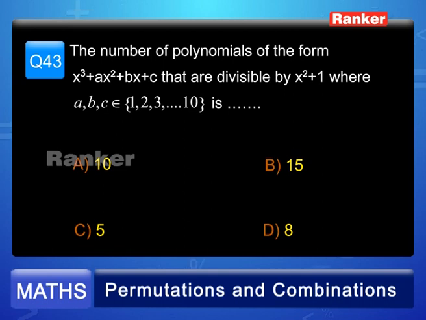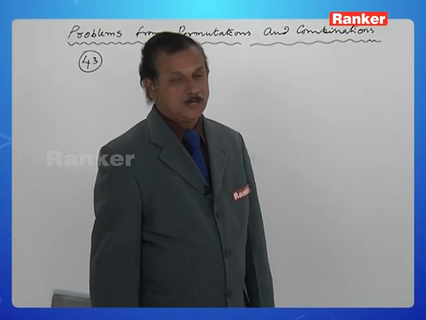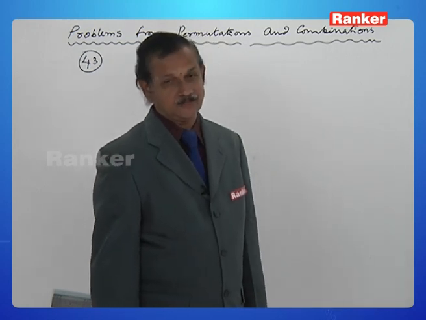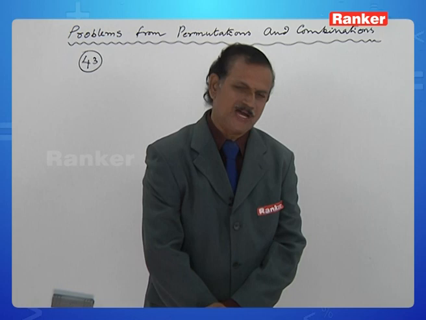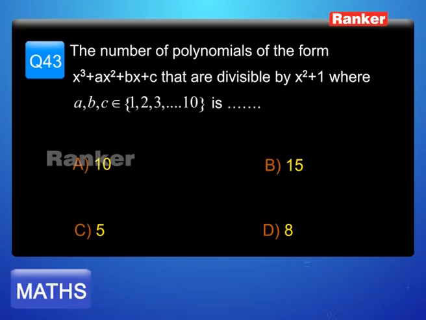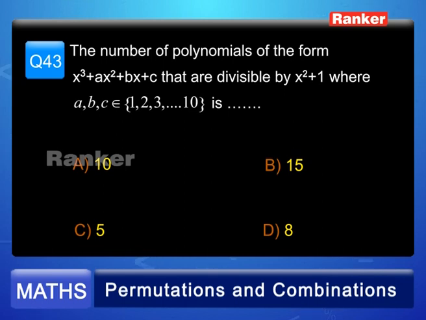A, b, c belong to the set containing 1, 2, 3, etc., 10. How many such polynomials will exist which are divisible by x square plus 1? We are supposed to find out. Option A is 10, option B is 15, option C is 5, and option D is 8. Let us have a look over that.